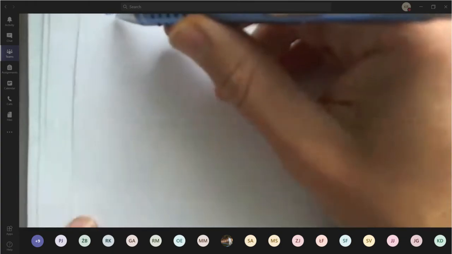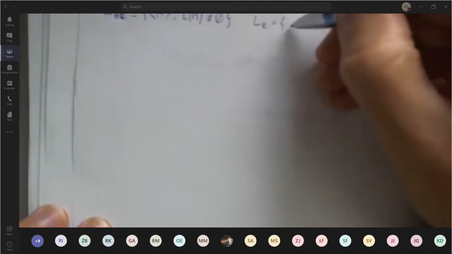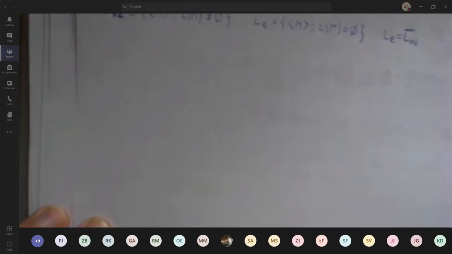So this NE stands for non-empty. And the second one is LE. E is for empty. So this is the set of codes of Turing machines accepting the empty language. So of course they complement each other. So we want to place these two languages on our map.